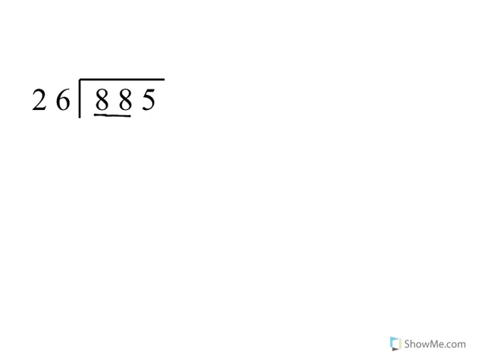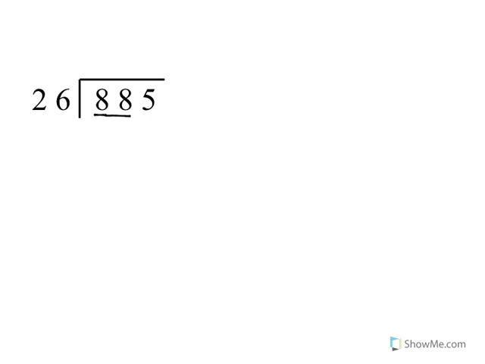So I'm going to think to myself that since 25 times 3 is 75, then 3 times 26 is going to be a little bit more. But I know I won't be able to divide 88 by 26 4 times. That would be too much.